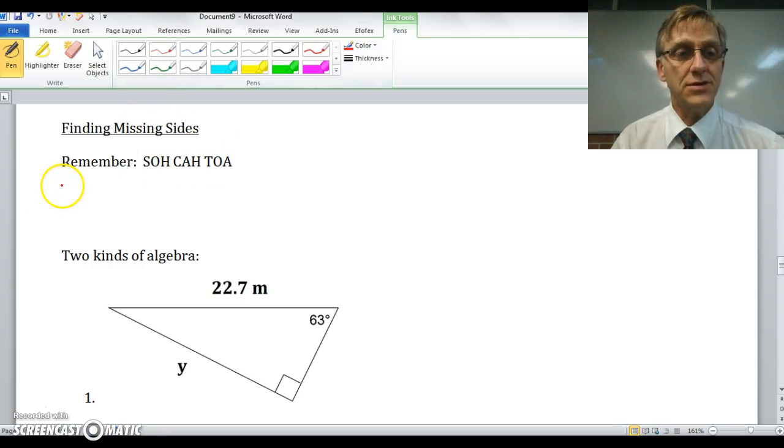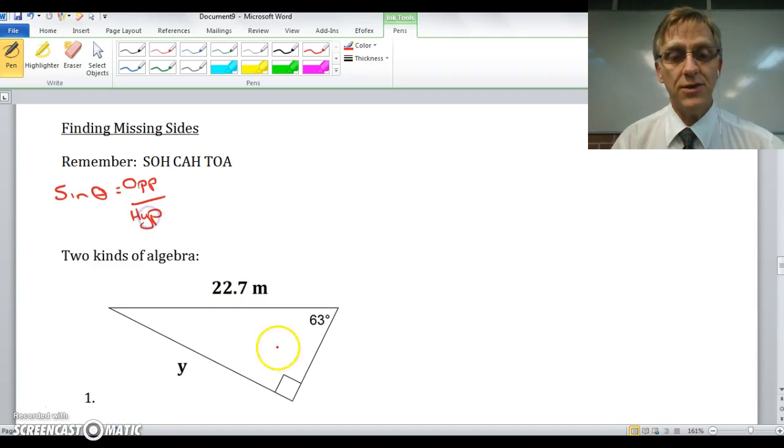If you remember, SOH CAH TOA means that S for sine theta is equal to opposite over hypotenuse. So in any right angle triangle, if you know an angle, we call that theta, the sine of that is going to be the opposite over the hypotenuse.